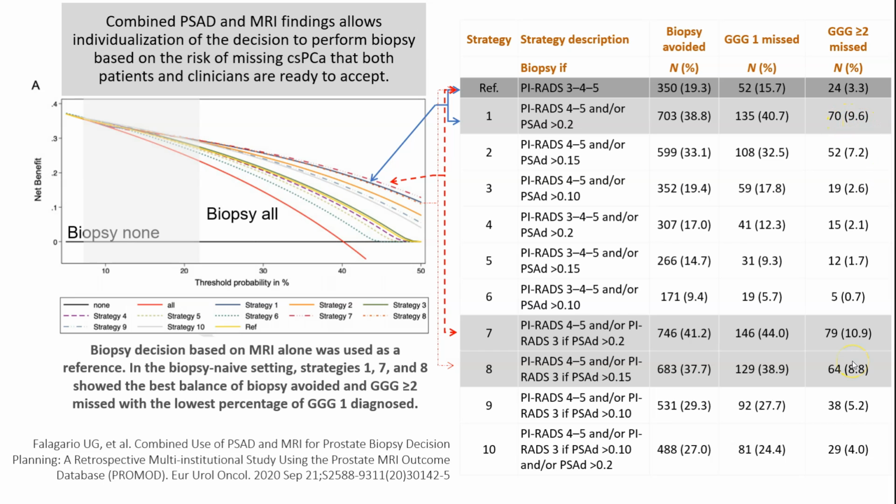So this is how you can use decision curves to decide on the best strategy to use to maximize the benefits, which are avoiding a biopsy, minimizing the detection of clinically insignificant disease, while not compromising on the number of clinically significant cancers that are missed.